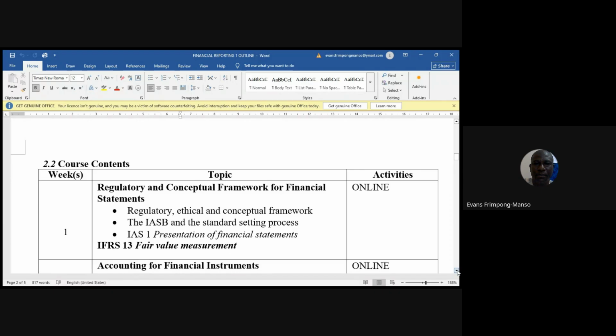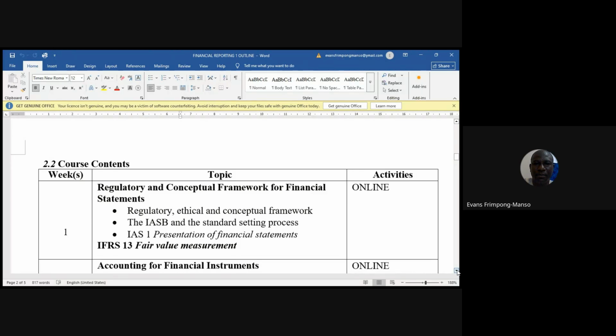So this week, which I have termed as week 1, we are going to look at the regulatory and conceptual framework for financial reporting or financial statements.